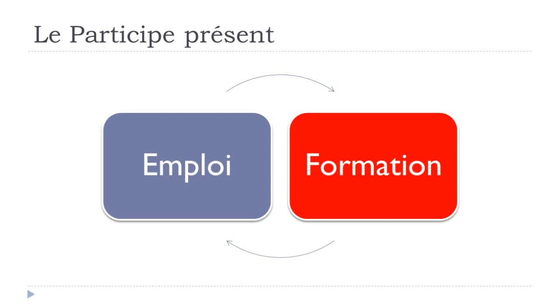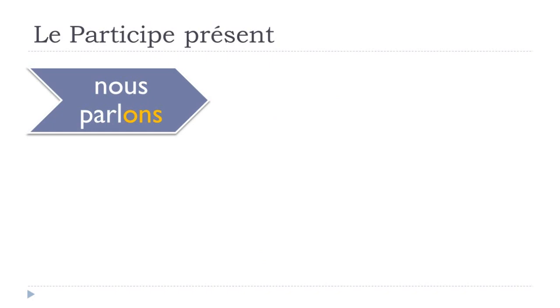So how do we make this participe présent form? It is quite easy, especially at this level now, because you will have to first know the nous form of the verb at the present tense. Nous parlons. Okay, and then if you remember, this ONS ending is usually the ending for nous, so first you need to spot it.